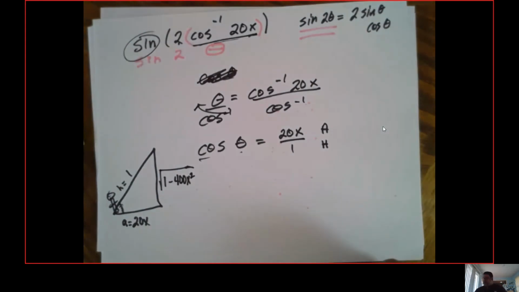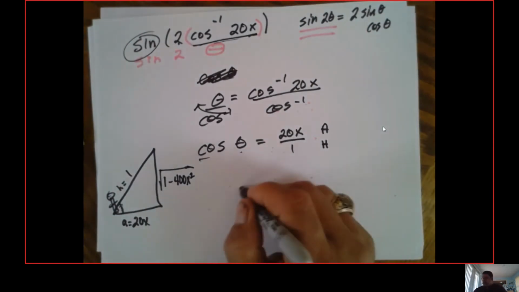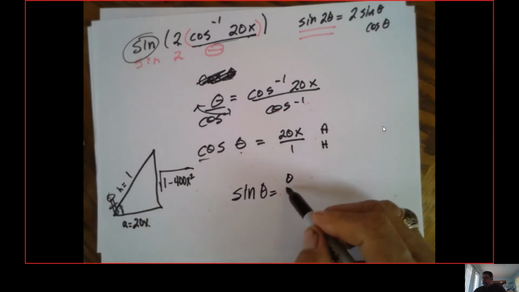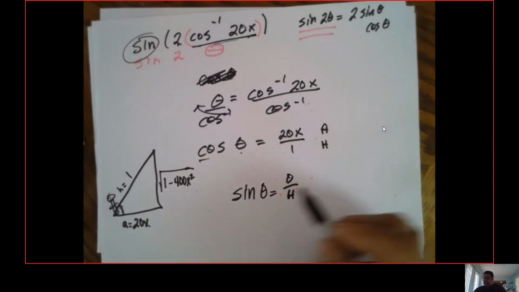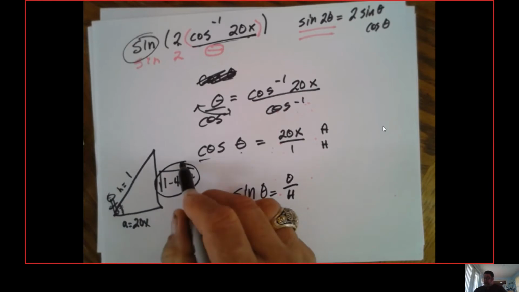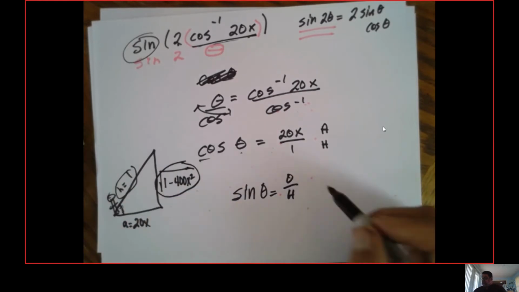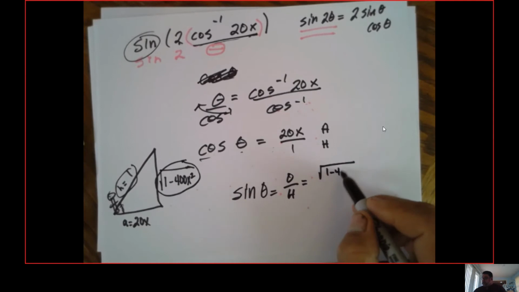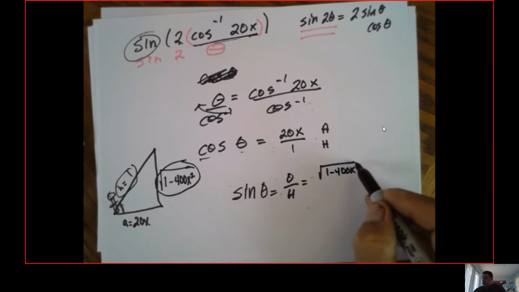I'll take the sine of this and multiply it by 2. So the sine of theta is equal to Oscar had, so that would be this over this: square root of 1 minus 400x squared over 1.